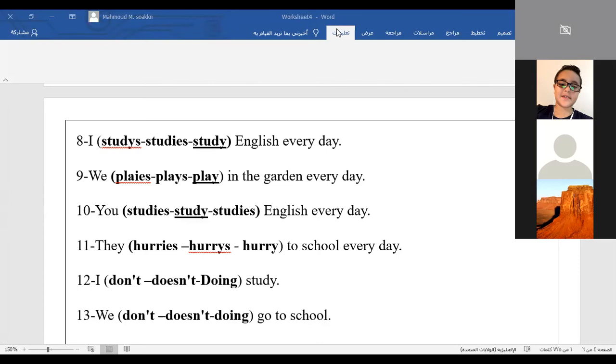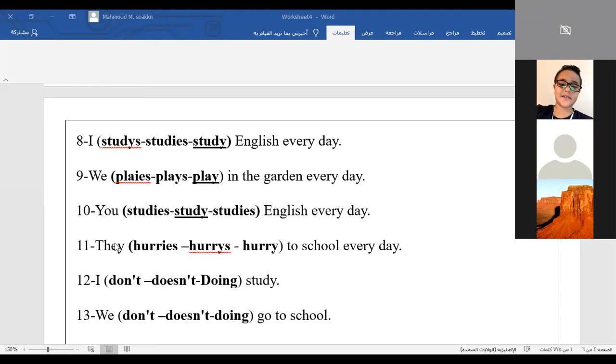Iyad Muhammad, number 11 please. They hurry to school every day.